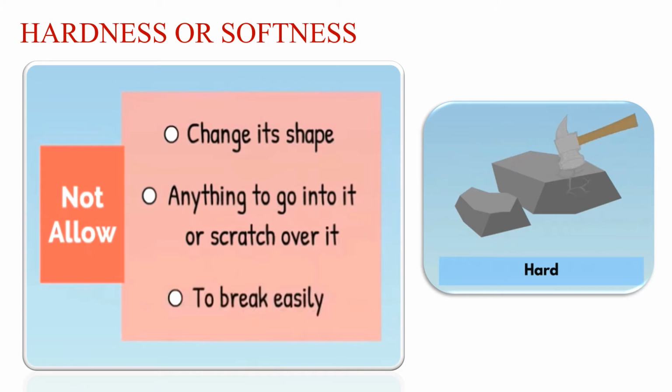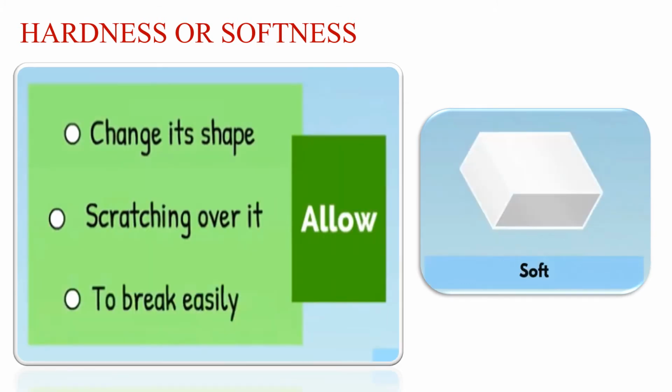It does not break easily. Such materials are called hard materials. If a material changes its shape, if a material allows scratching over it, or if a material breaks easily, then such materials are called soft materials.